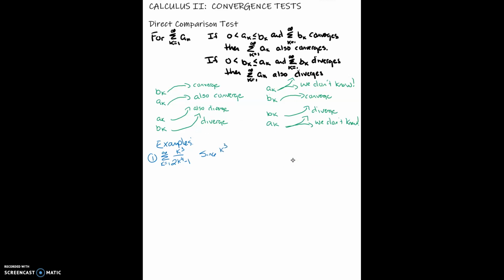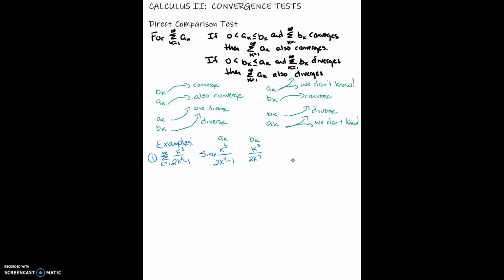K cubed over 2k to the fourth minus 1. These are the a sub k's. That's what we're given. We have to find some b sub k's. Well, let's take a look at k cubed over 2k to the fourth, I'm sorry, without the minus 1.